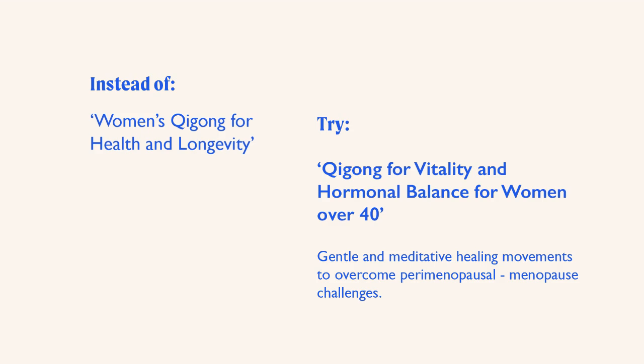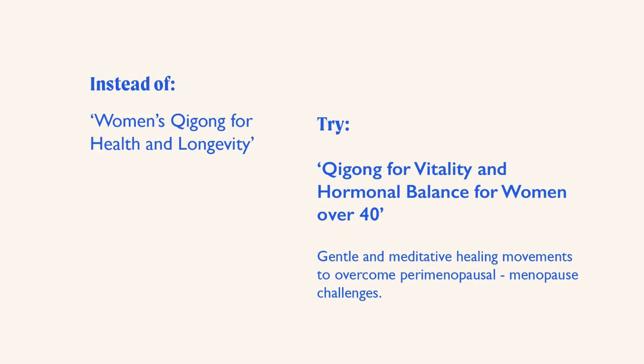So the next example is taken from a health and wellness course website. The original headline would read something like "Women's Qigong for Health and Longevity." But we're looking for something a little more specific and targeted for the ideal audience.